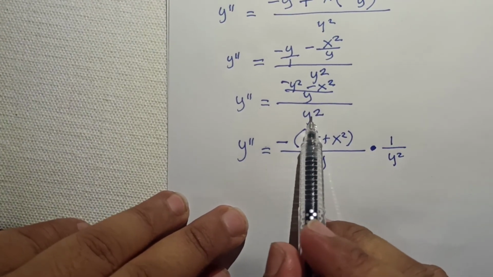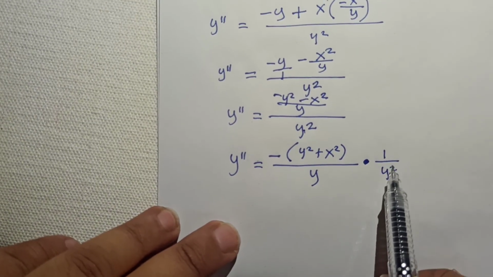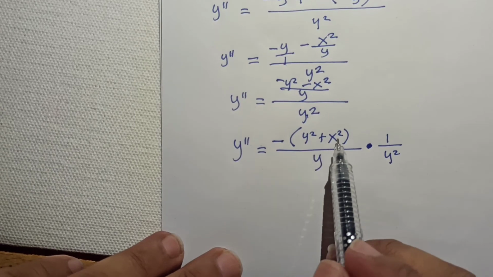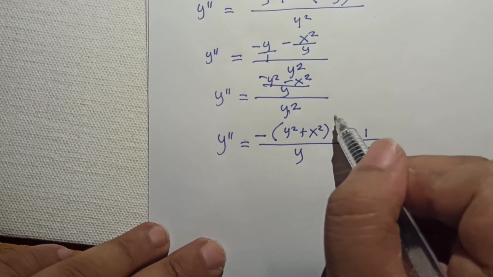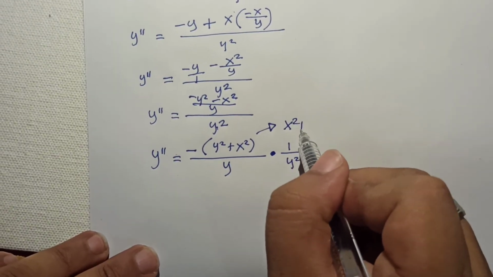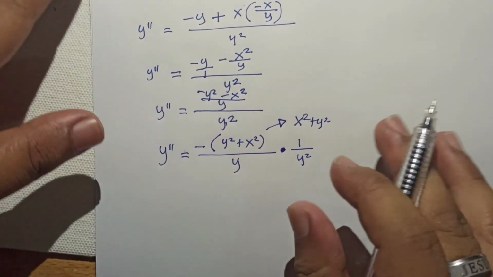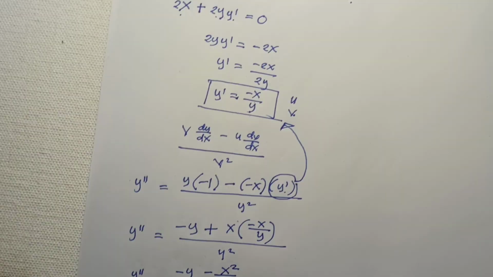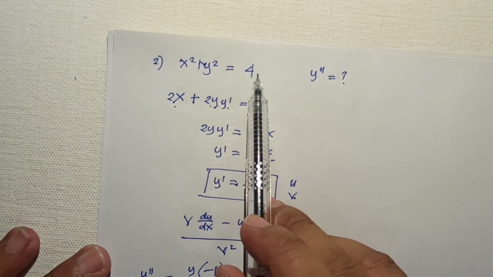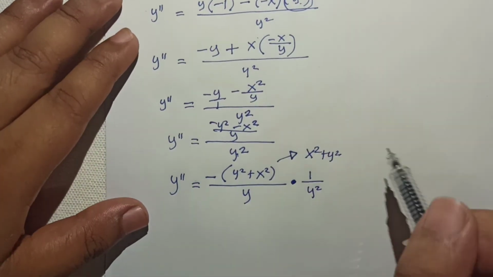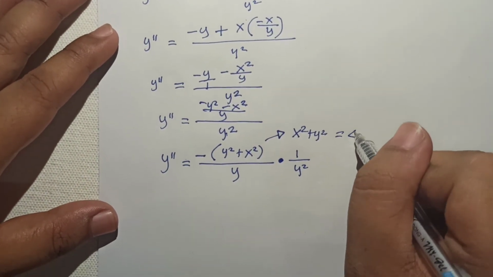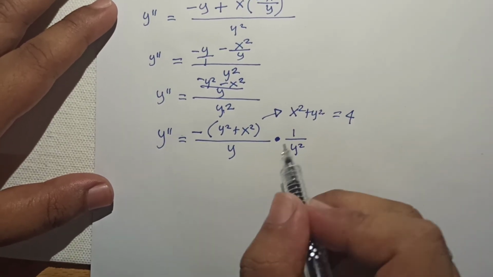Since y squared plus x squared is equivalent to x squared plus y squared, and this is part of the first equation that we have, x squared plus y squared is equal to 4, we have to substitute this one.